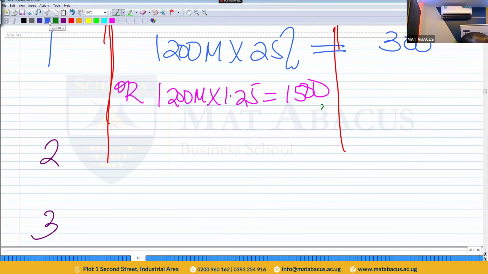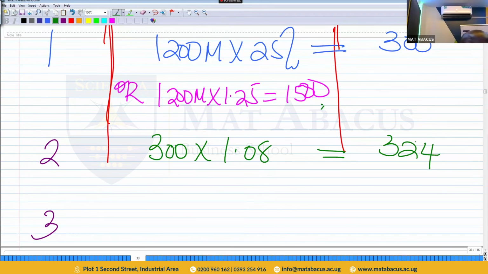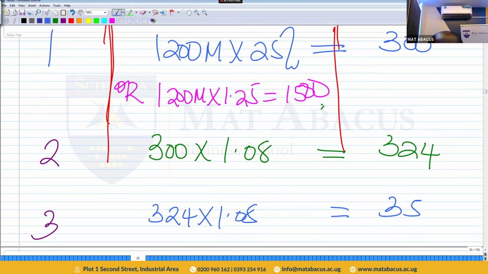So we are going to have the relevant, which is 300. We increase it by 8%. You'll end up getting 324. And in year 3, still increasing by 8%, you'll end up getting 350.